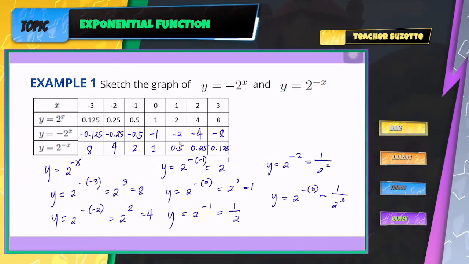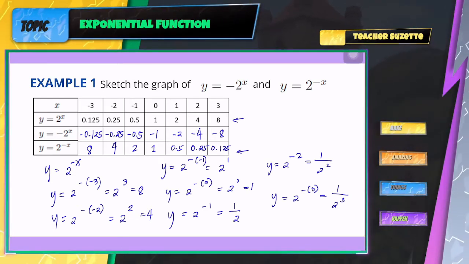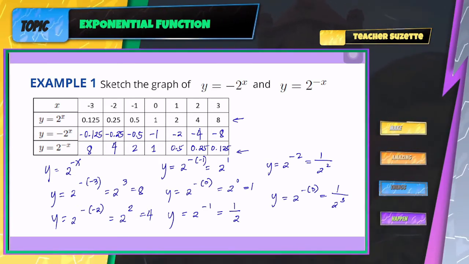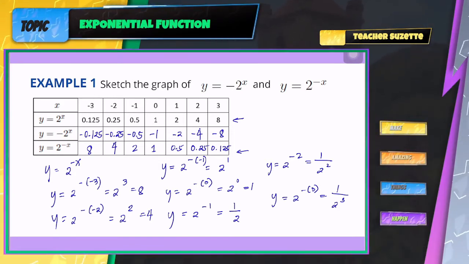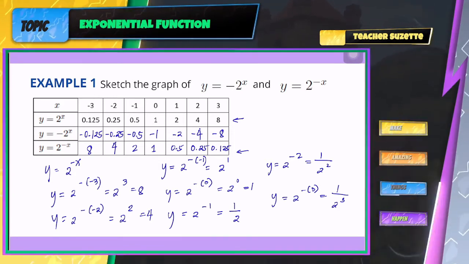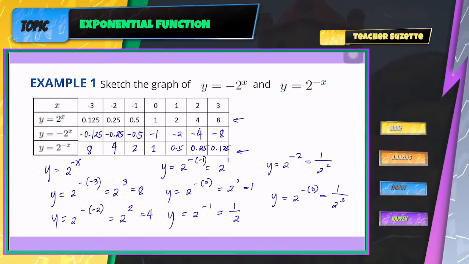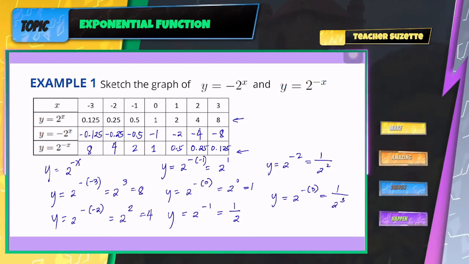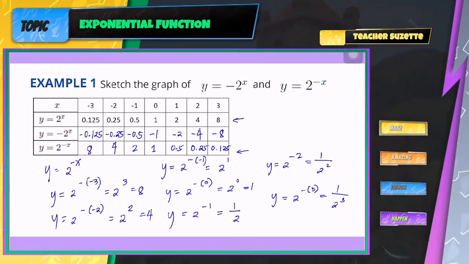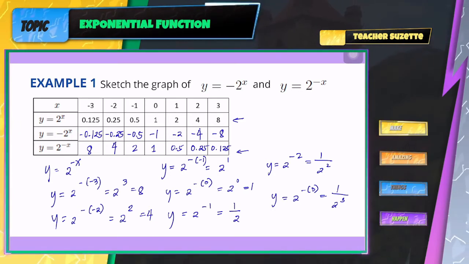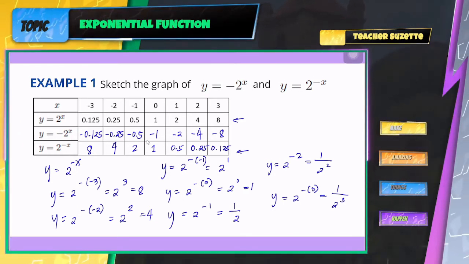Obviously, upon comparing the y coordinates of our first and third function, we can say that the values of y equal to 2 raised to negative x at x are the same as the values of y is equal to 2 raised to x at negative x. Diba? Parehas lang sila. Nagkapalit lang po sila ng positions.